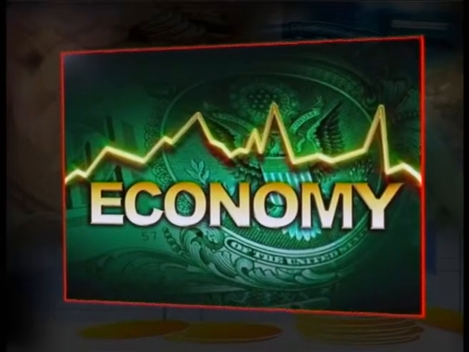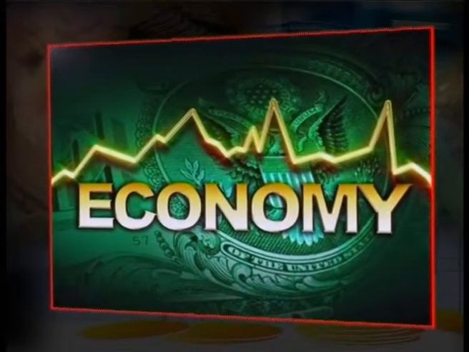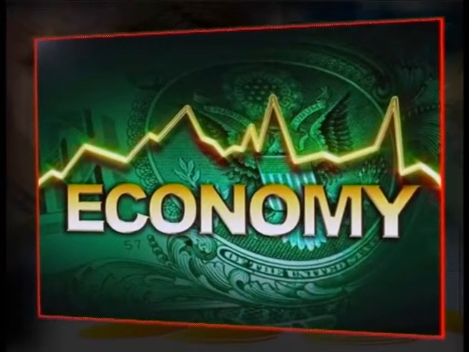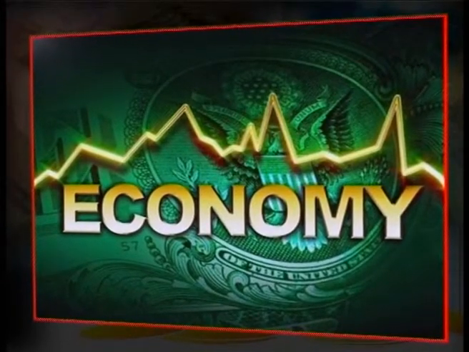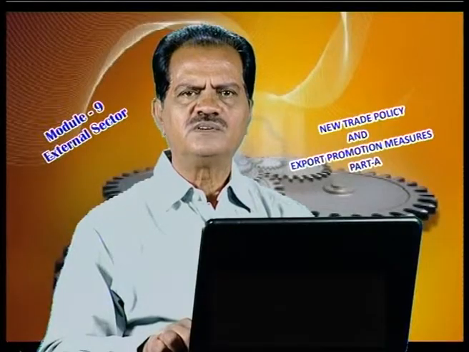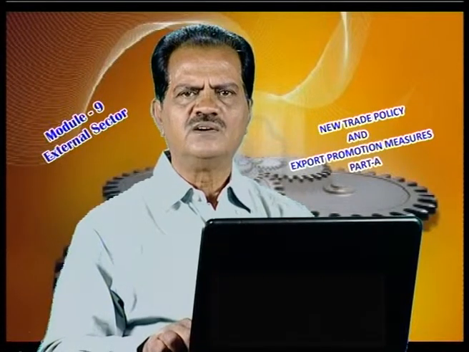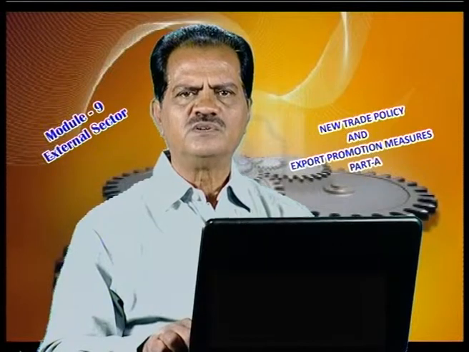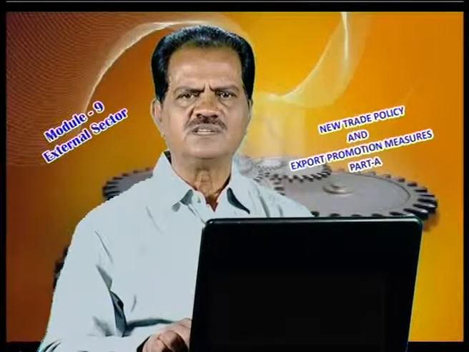And we have seen the different features, the effects of such a policy on different aspects of the economy, and also we have tried to understand what are the measures that the government took up to make this policy a success.